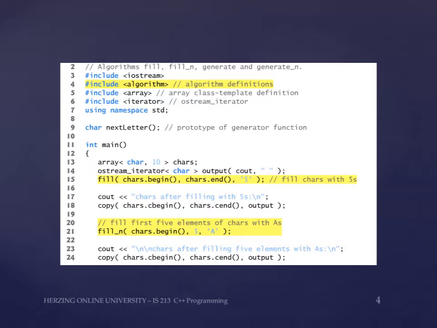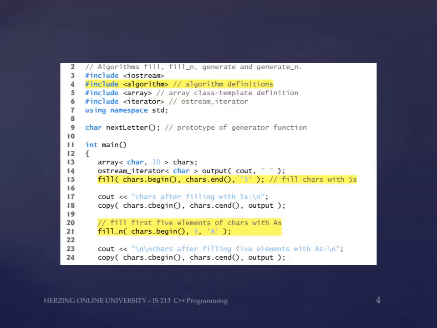See the difference here: with the fill algorithm, it's forward iterators, while with the fill_n algorithm, it's an output iterator. An output iterator can be used to write into a container in the forward direction. In the fill algorithm, the forward iterators can be used for both input from a container and output to a container in the forward direction.